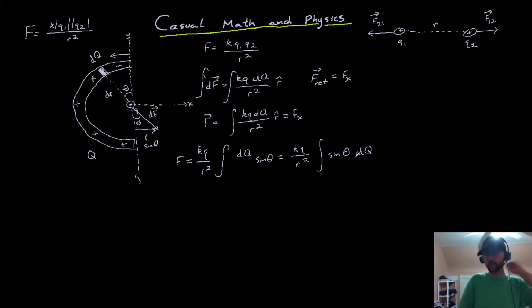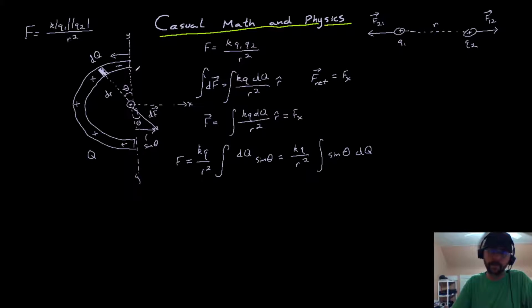So now this is also technically a solution. The trouble is you can't solve this either because you can't take the integral of theta with respect to q because they're different variables. So we have to get either this in terms of theta or this in terms of q. I'm going to get this in terms of theta.